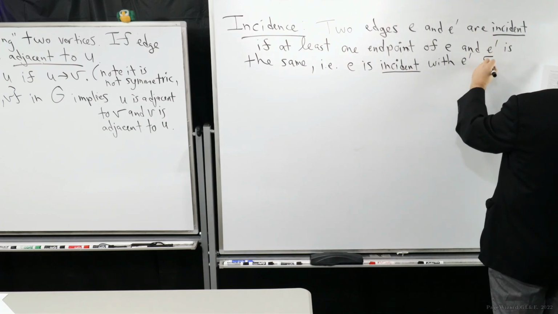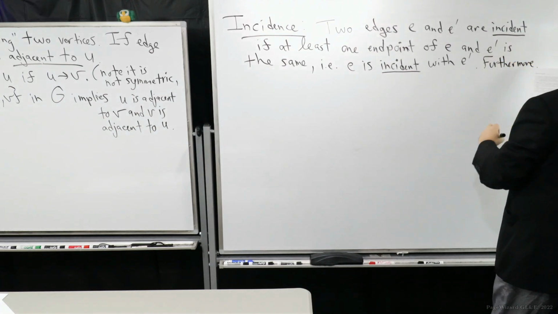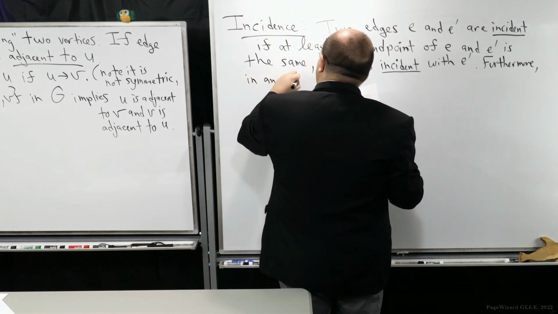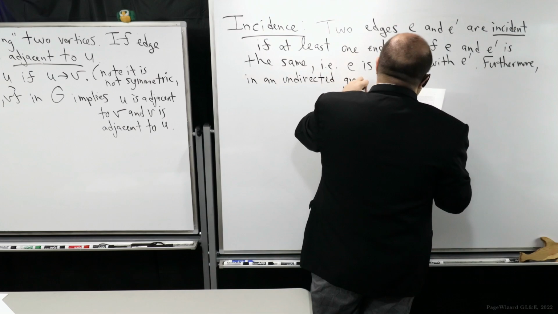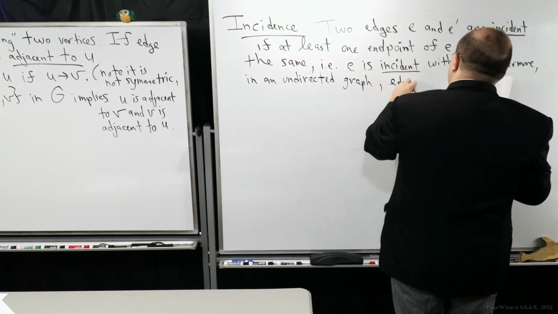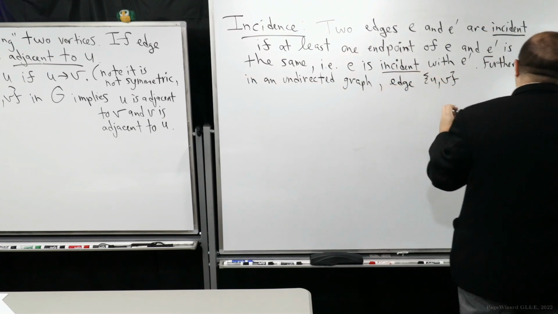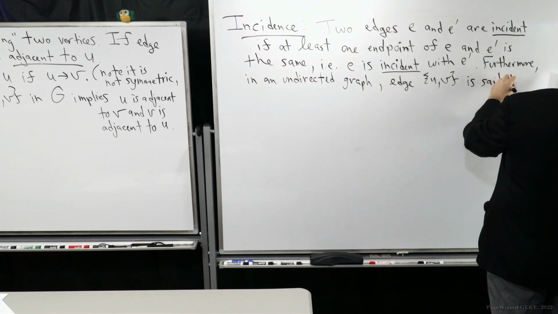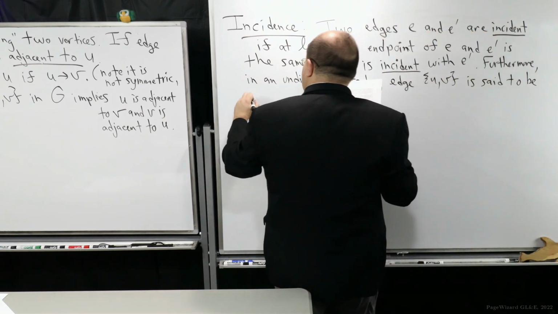So furthermore, in an undirected graph, edge uv, so if I have two endpoints u and v for an edge, is said to be incident on vertices u and v.